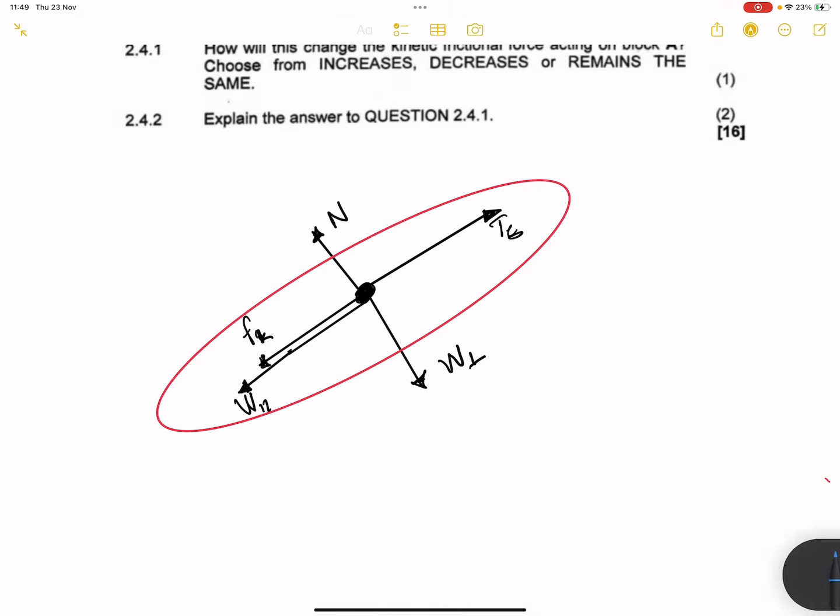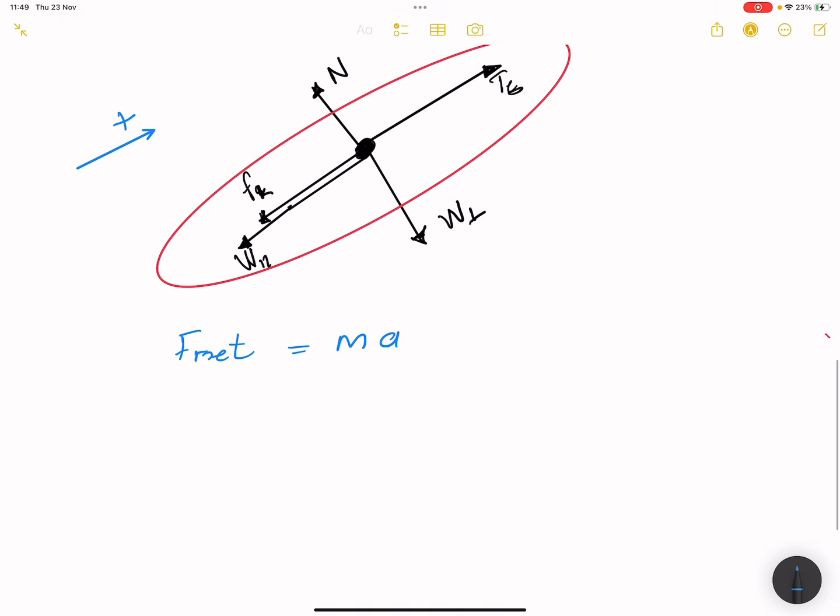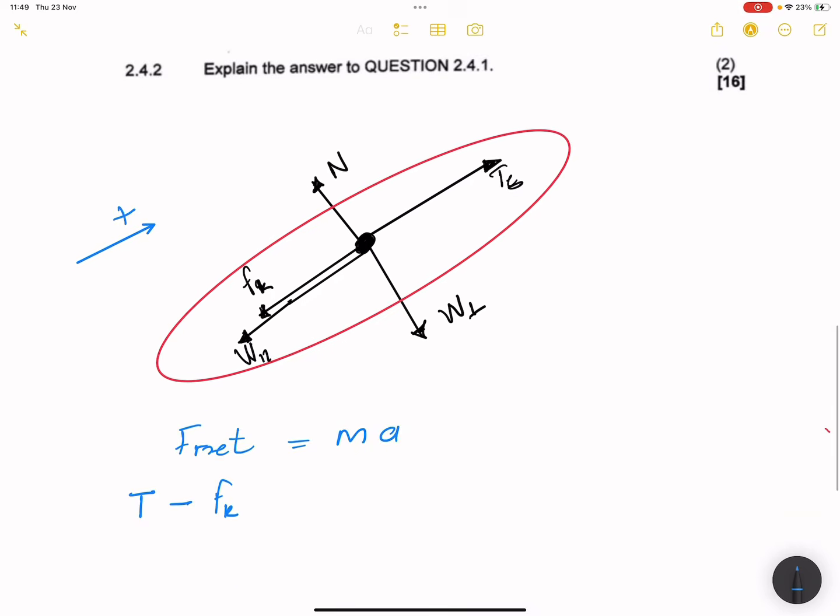So we are going to simply say F net is equal to MA. We're going to take the direction of motion as our positive, so we're going to take the direction upwards as our positive direction, right? So that's going to be the tension on the string minus the frictional force minus the weight parallel, and this is equal to MA.